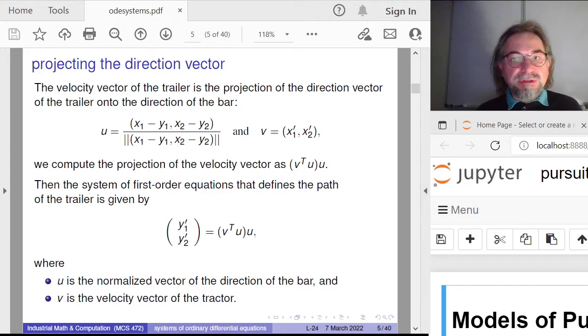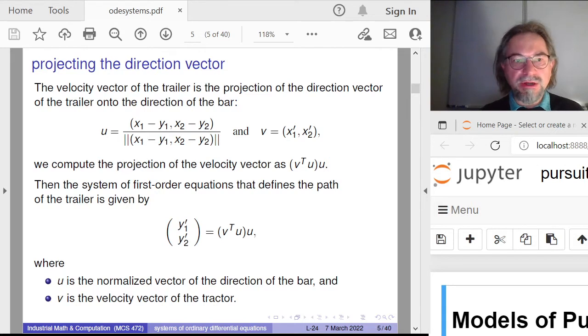We can compute this by computing the projection of the velocity vector onto the direction of the connection between the tractor and the trailer. There is a rigid fixed bar that is here normalized, and we compute the velocity vector of the tractor onto that bar.